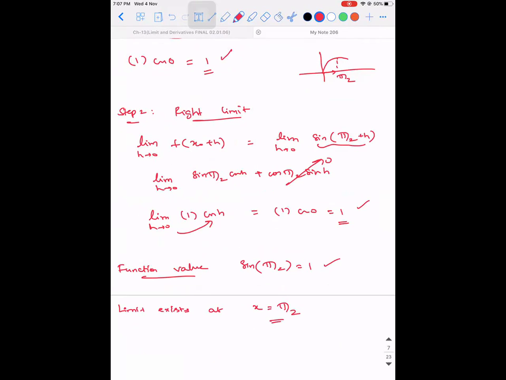So by now you should have understood, when I say limit exists, it should also run in your mind that it is a continuous function. So when you draw a graph, you need not move your pen from the paper.